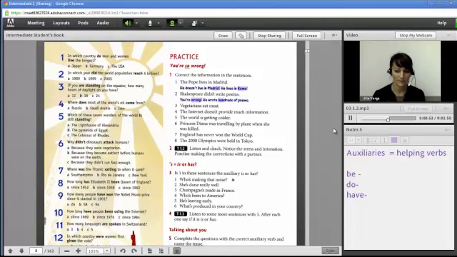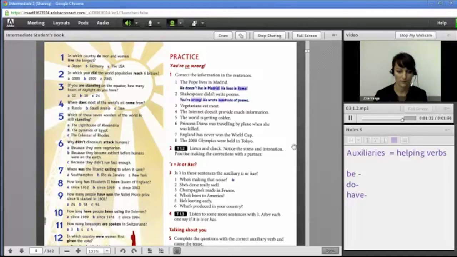5. The world is getting colder. It isn't getting colder. It's getting hotter. Haven't you heard of global warming? 6. Princess Diana was travelling by plane when she was killed. No, you're wrong. She wasn't travelling by plane. She was travelling by car in Paris. 7.